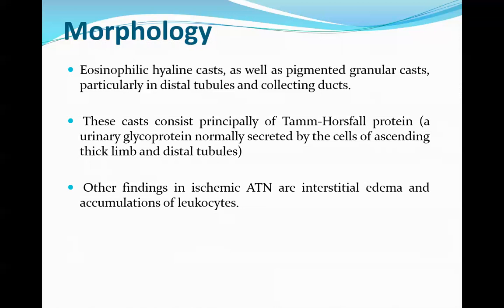So basically the casts are Tamm-Horsfall proteins, which are glycoproteins normally secreted by the ascending thick limb and distal tubules. So they are normally being secreted, right? Normally. But as the urine flow is continuously there, it does not allow that cast to accumulate there. So you don't see any cast in the urine in a normal person because about 2 liters of urine is being passed. So the kidney is always flushing.